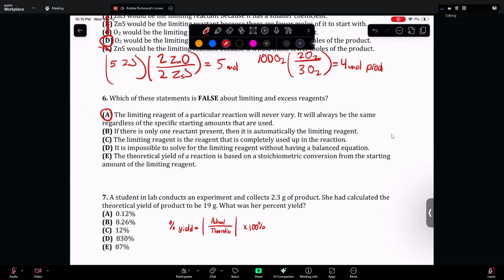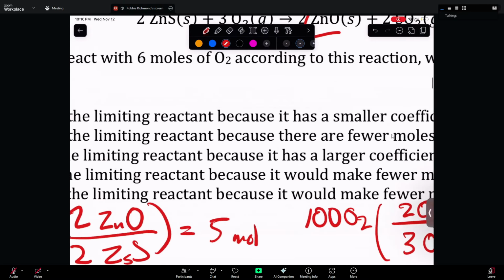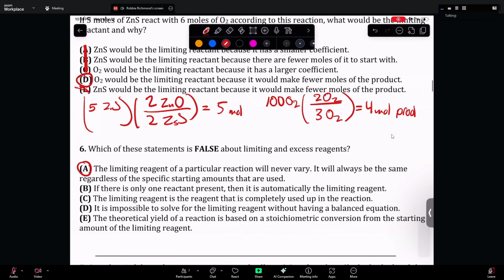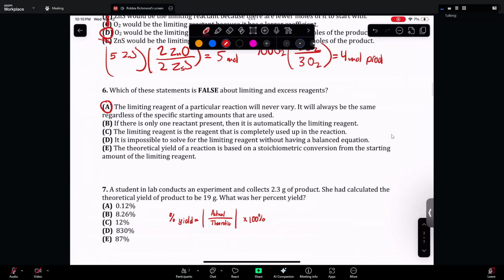It is impossible to solve for the limiting reagent without having a balanced equation. That is so true. We could not figure this out without using our stoichiometric ratio to figure out how much product we're getting. Then, the theoretical yield of the reaction is based on a stoichiometric conversion from the starting amount of limiting reagent. Yep, that is true. Cool.